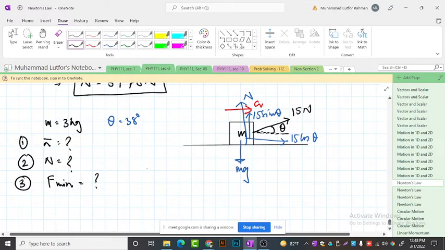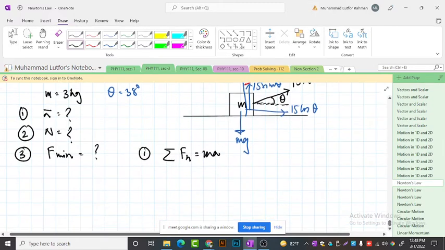So if you want to find that acceleration, I'll write net force along the x direction equal to ma. The only force along the x direction is 15 cosine theta. From there I can find that a would be F cos theta divided by m.